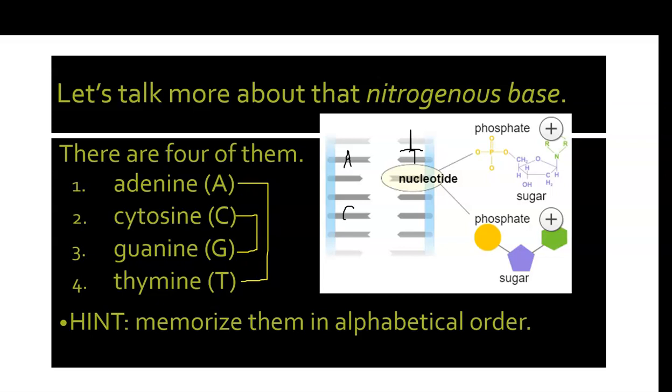If this one were cytosine, this one would always be guanine. Again, adenine always bonds to thymine, cytosine always bonds to guanine. A to T, C to G. That's how I remember it.